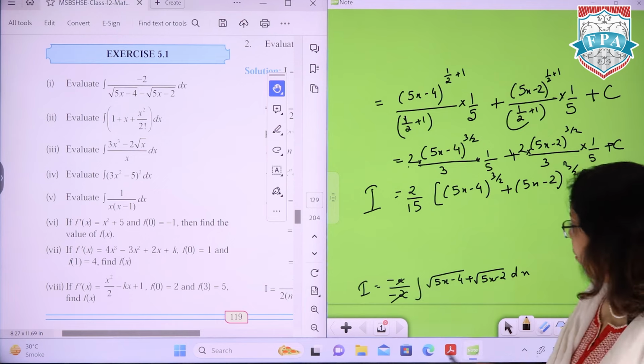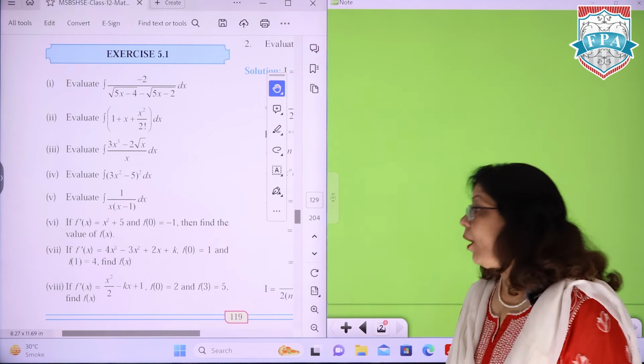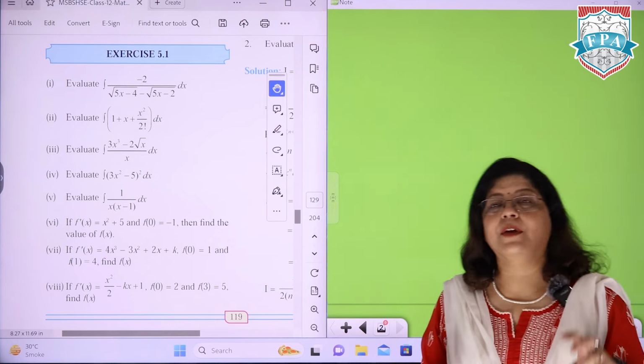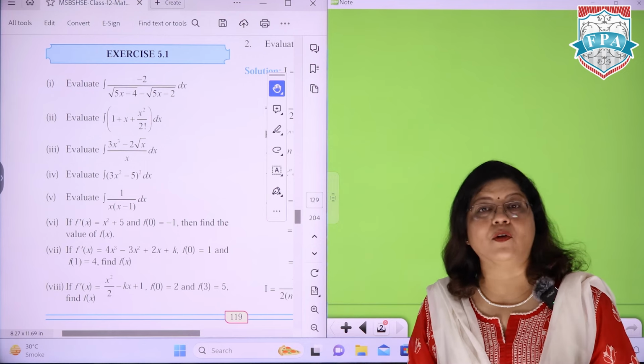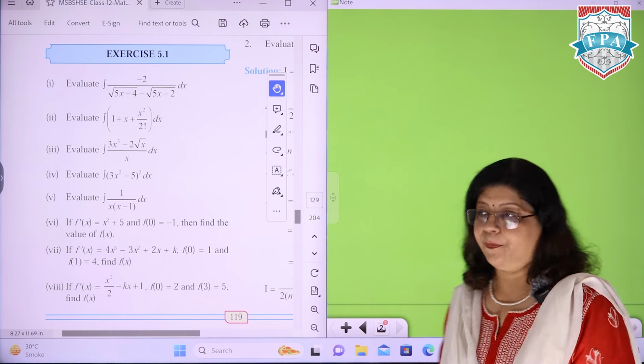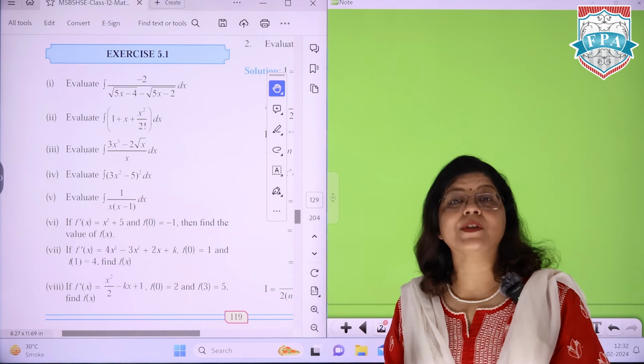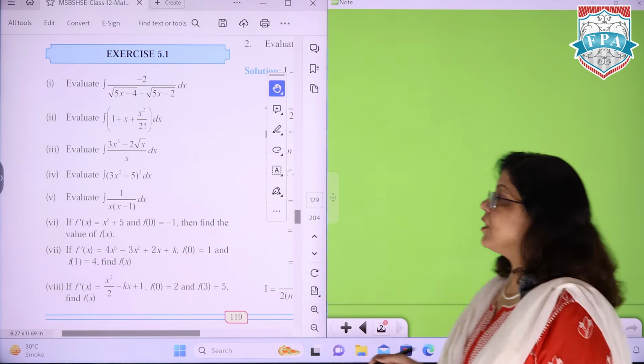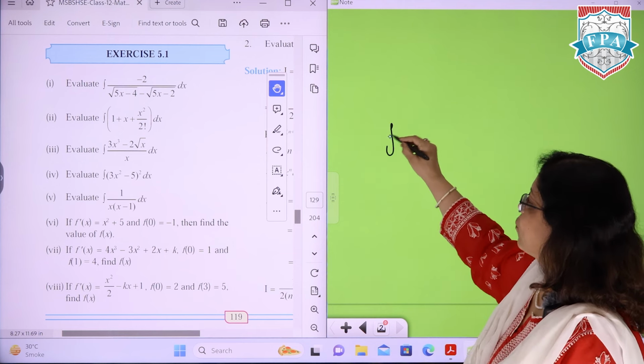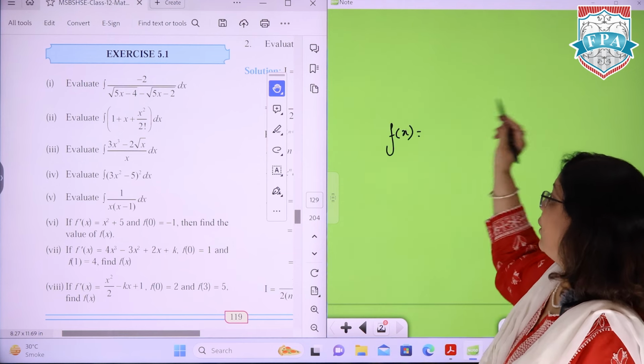Okay? Now, the next one, before moving to the next question, I'm giving you the concept of having that constant of integration, C. So as I said, integration is actually the opposite of derivative. So let's take one function f(x) and see its derivative.